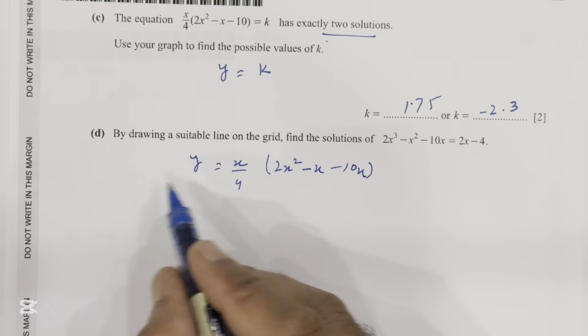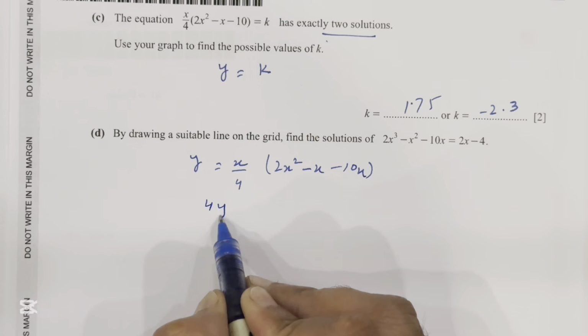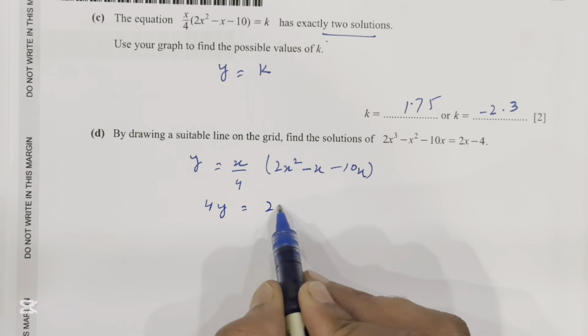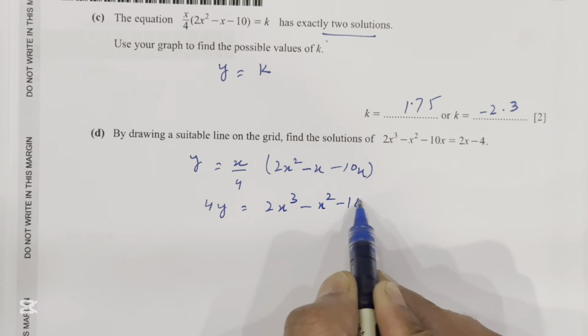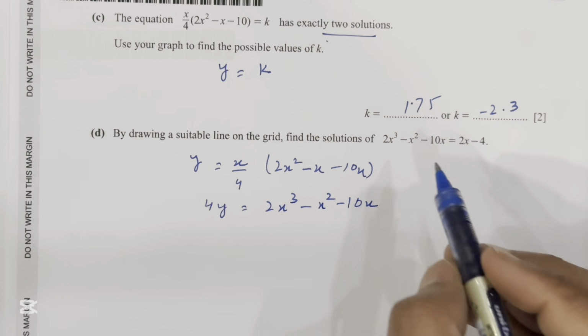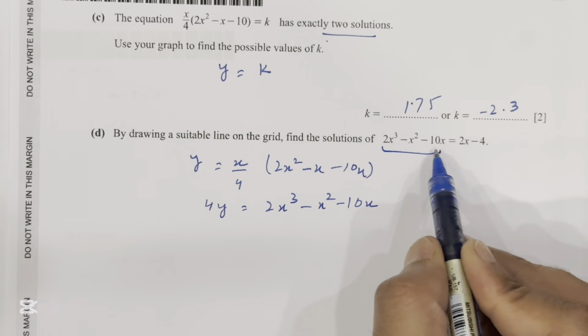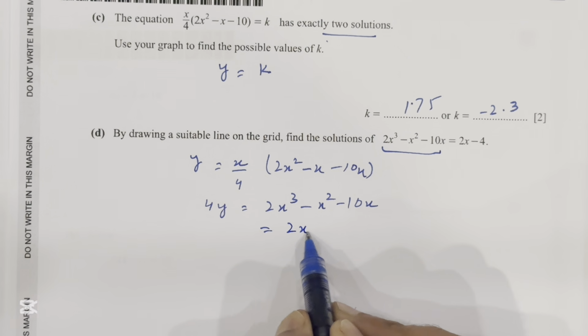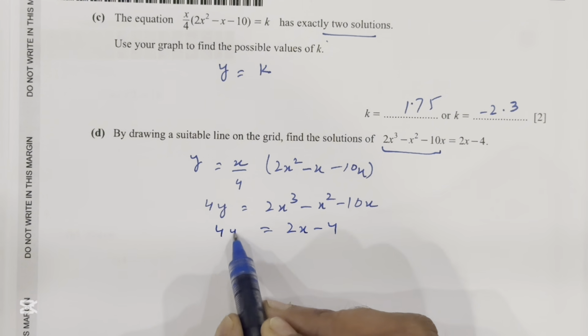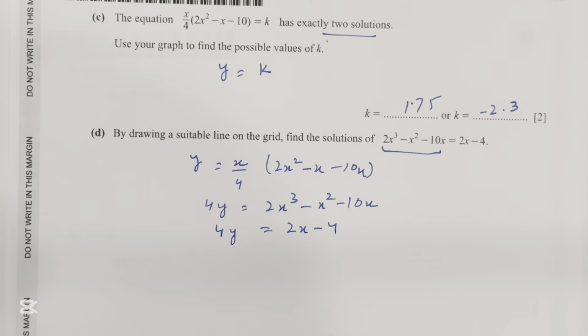Now you need to cross multiply it. It would be 4y, and multiplying by x it would be 2x cubed minus x squared minus 10x. Now you can see that 2x cubed minus x squared minus 10x is equal to 2x minus 4. So you can write 2x minus 4 over here, 4y. So this is your equation.